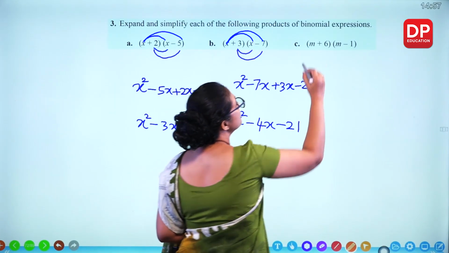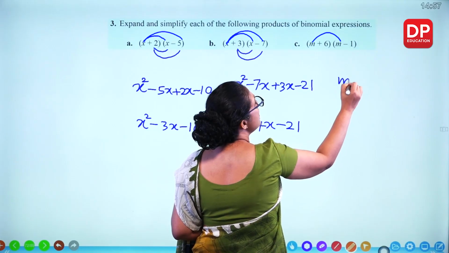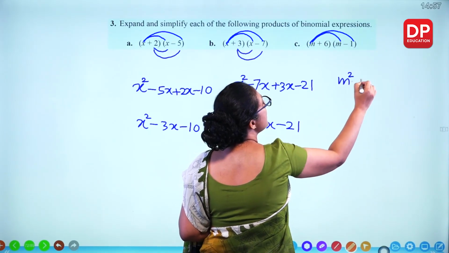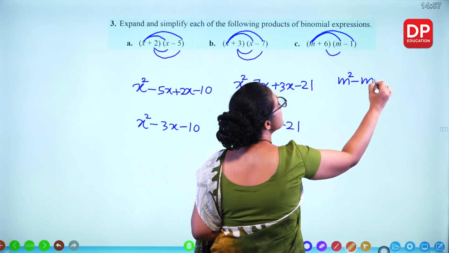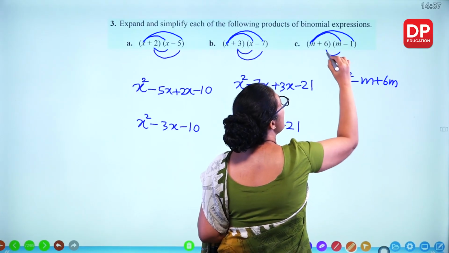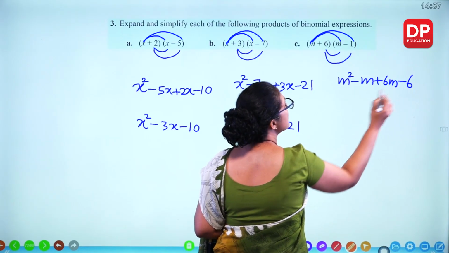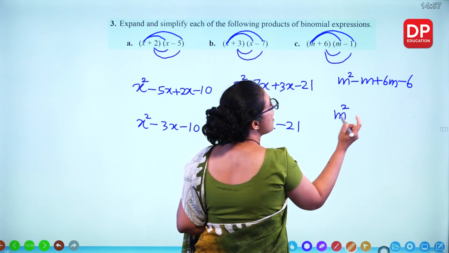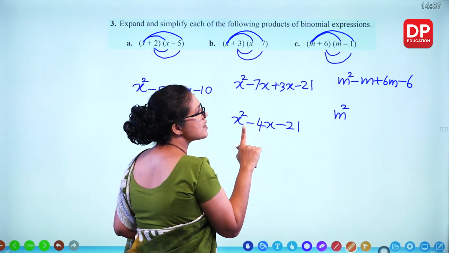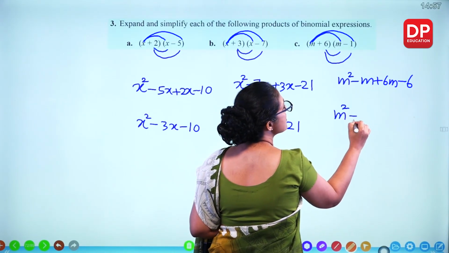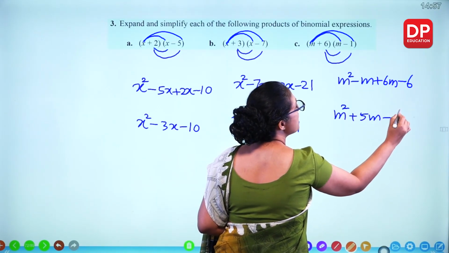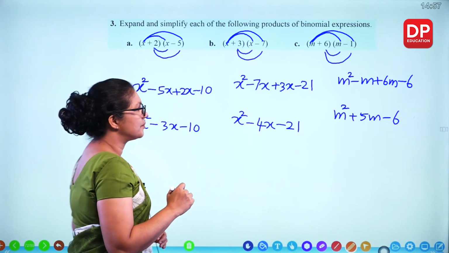This one, m squared minus m plus 6m and minus 6. You get m squared plus 6 and minus 1. You get plus 5m minus 6.